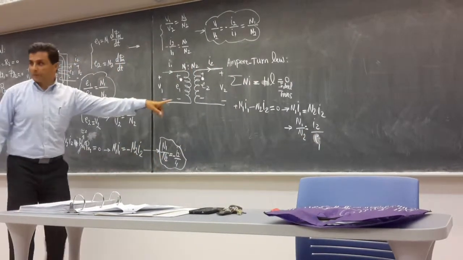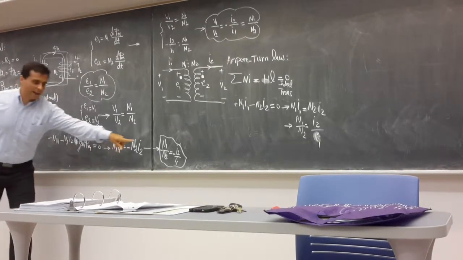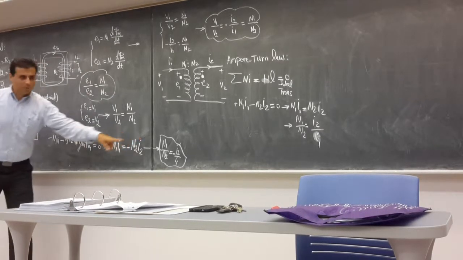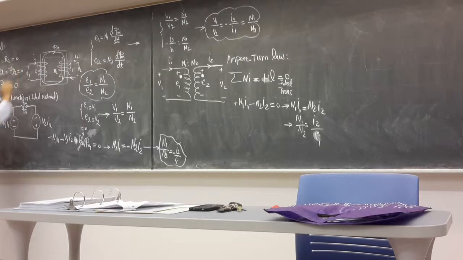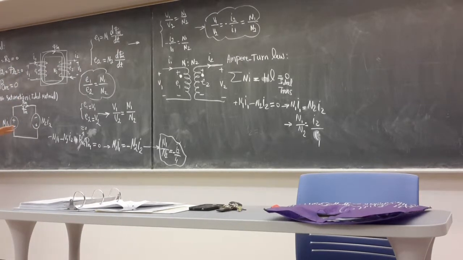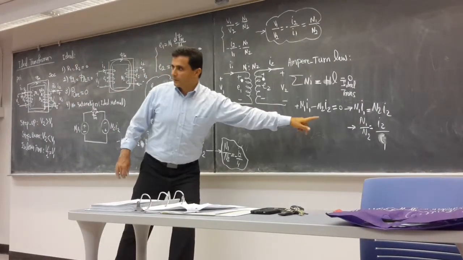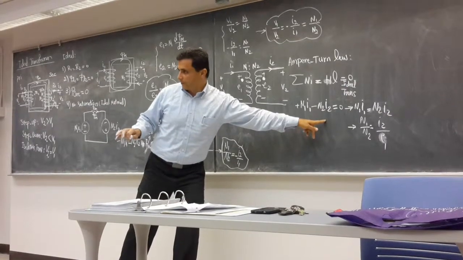This is a little bit different from here, because here I got a negative. Why did I get a negative? Because look at the direction of the current, here and here. This is because of the flux direction. These two, they are helping each other. Here they are subtracting from each other, they are opposing each other, right?